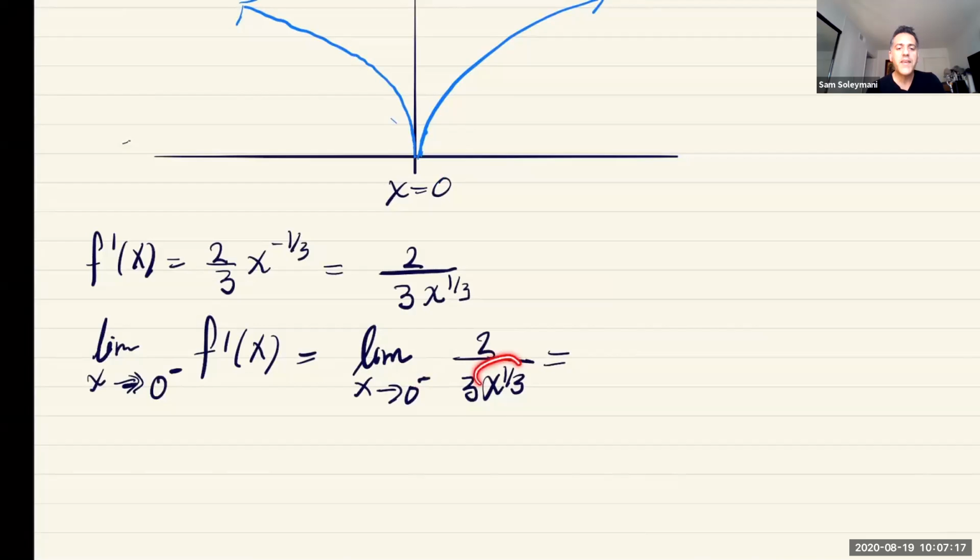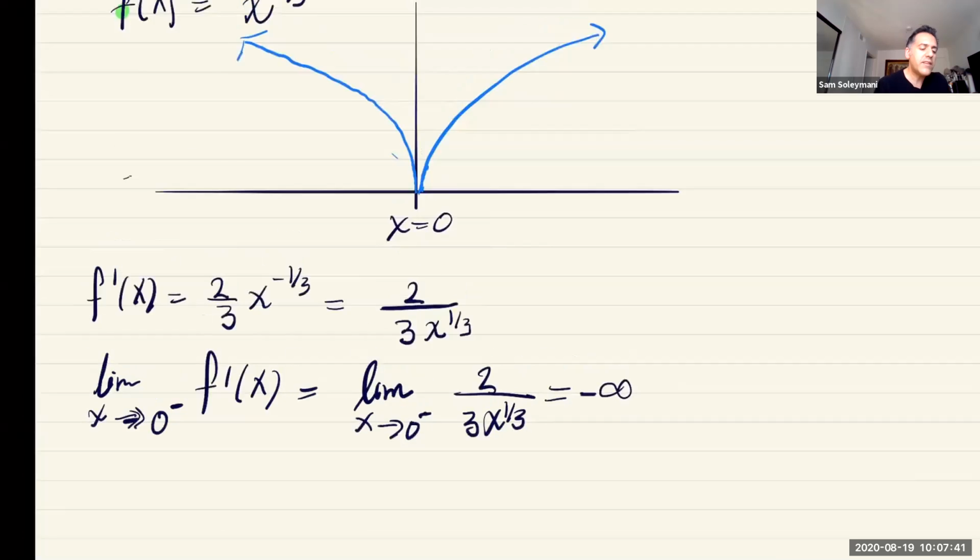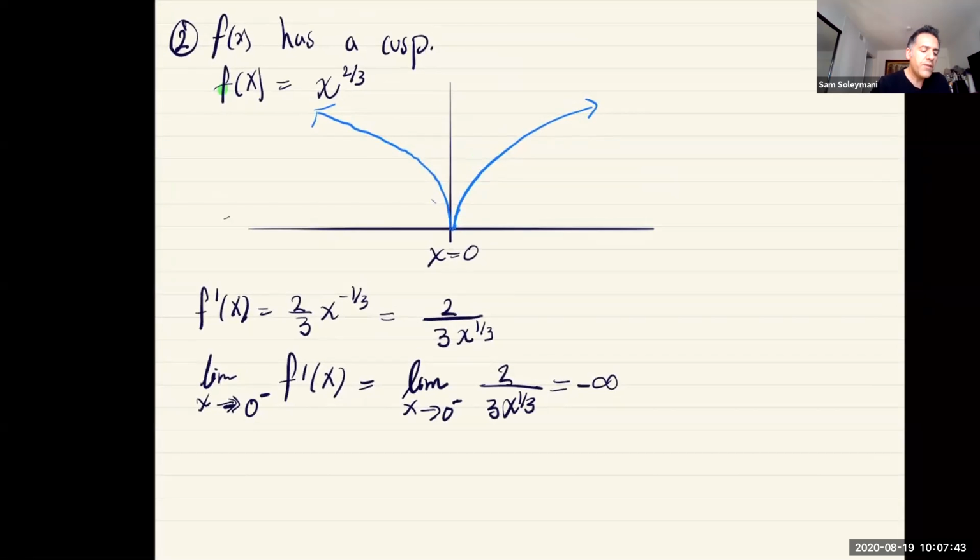So this number is something very small but negative, like negative 0.0001, negative 0.001. And when you divide 2 by something that is super small but negative, you end up with negative infinity.